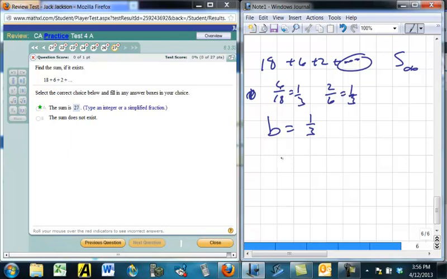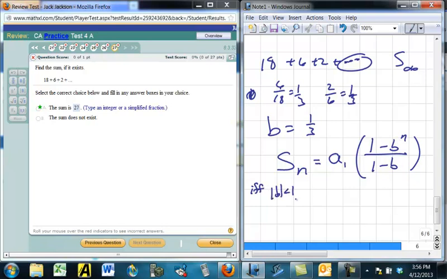So what's the formula? In general, if you're adding up the first n terms, you've got the first term times 1 minus the base to the number of terms n, over 1 minus the base. But if and only if the absolute value of the base is strictly less than 1, then if you add up infinitely many terms, this part right here is going to get smaller and smaller as n gets closer and closer to infinity.